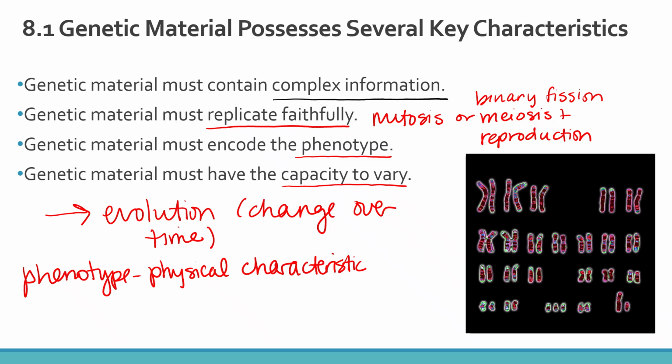And so there has to be mechanisms within the genetic coding system that allow the system to vary. And that can either be by recombination, which we have seen in meiosis, but it can also be through mutation and accumulated changes in the nucleotide sequence of our molecule.